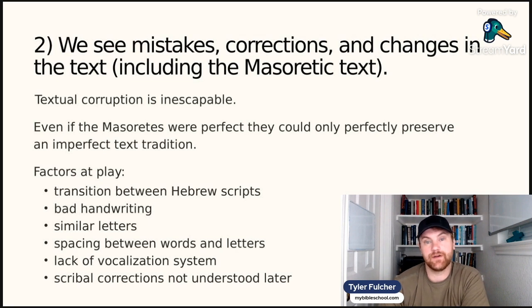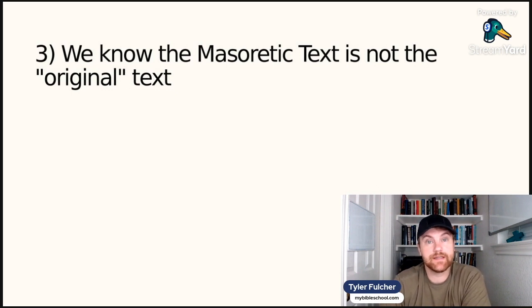And then, perhaps a scribe made a correction to a misspelling that the next generation of scribes didn't understand, and so they made another mistake. So these are things that are inescapable and that we can actually observe in these ancient documents. The third reason we need textual criticism is that we know the Masoretic text is not the original text.